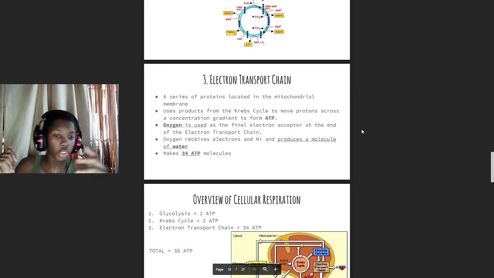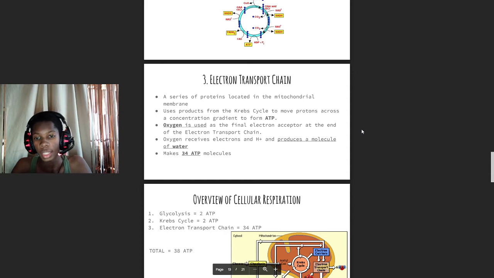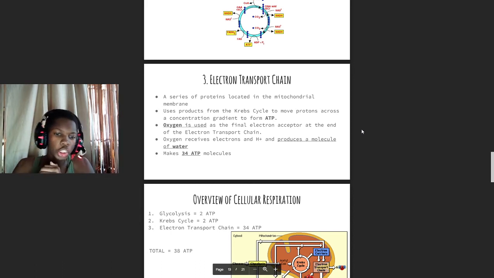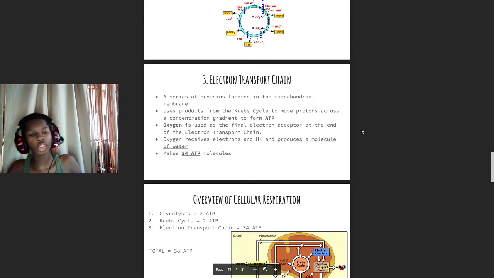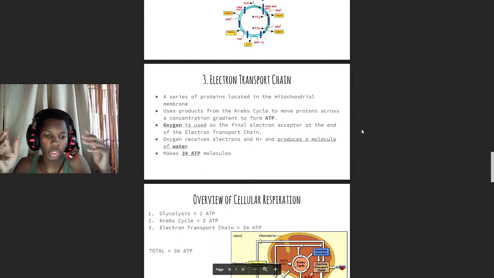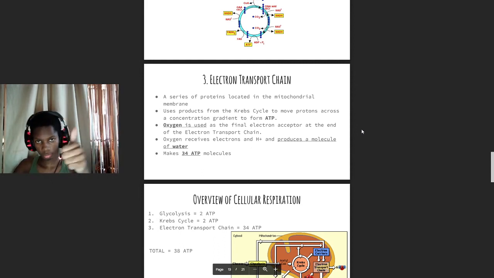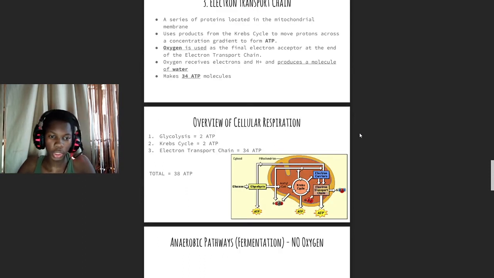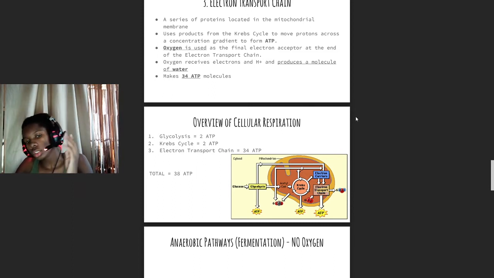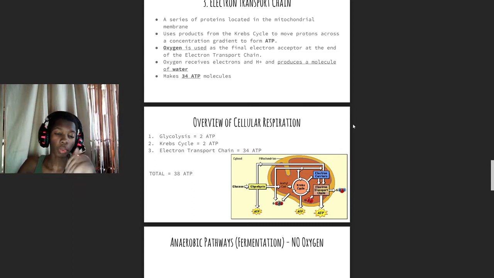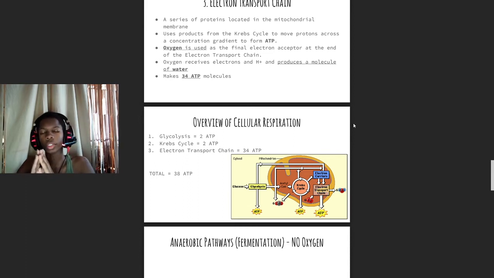Oxygen is used as the final electron acceptor at the end of the electron transport chain, and oxygen receives electrons and H+ and produces a molecule of water. It makes 34 ATP molecules. In the overview of cellular respiration: glycolysis, 2 molecules; Krebs cycle, 2 molecules; and electron transport chain, 34 molecules. A total of 38 molecules.